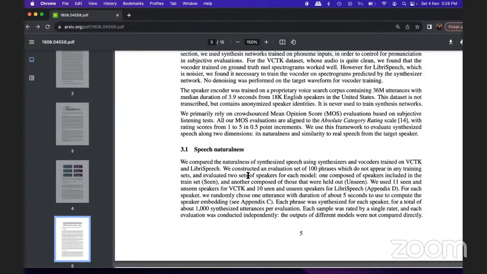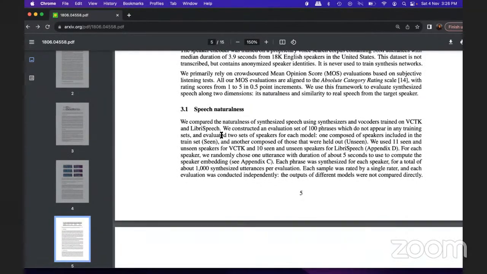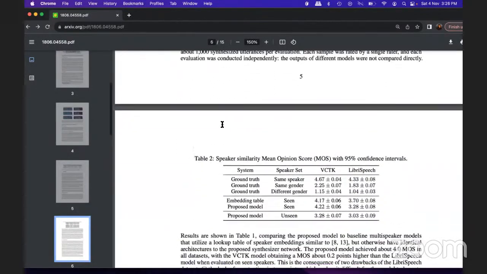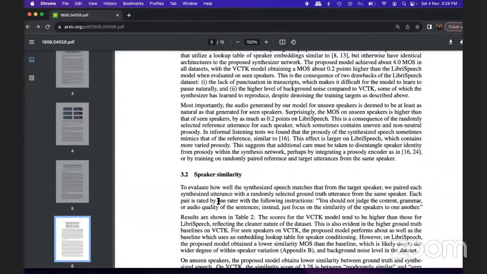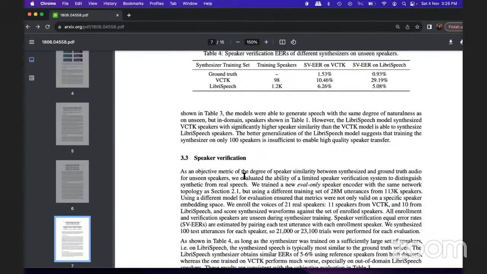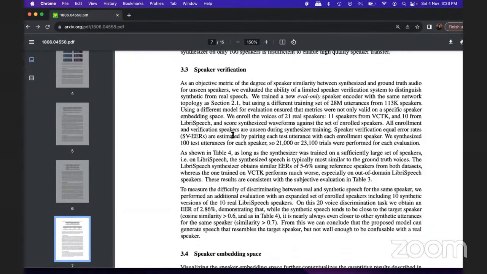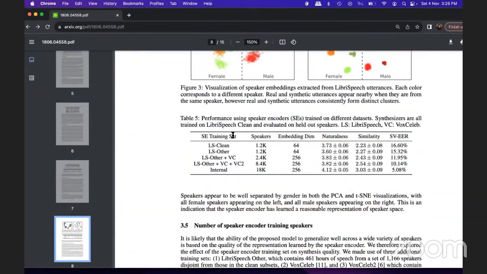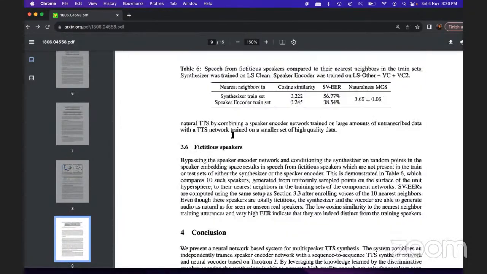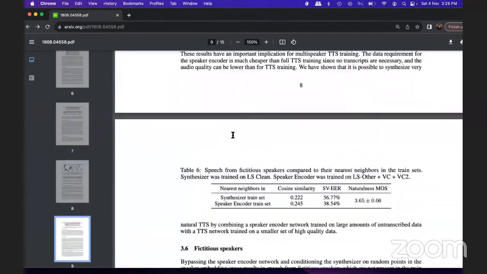Then they have their own metrics to compare the results: how natural the results are, how similar it is to the reference audio, and also speaker verification. So if this is a video, the model will be asked to identify which speaker this is. They use these datasets to run these experiments, and they get a pretty good result on this model that they're proposing.